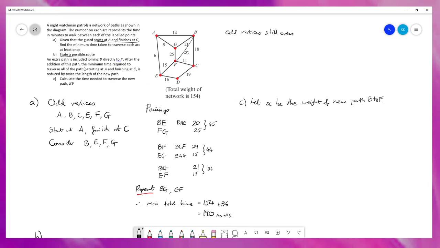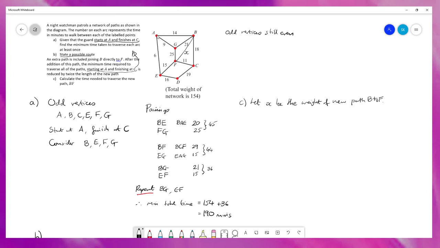So after the addition of this path, the minimum time required to traverse all of the paths, starting at A and finishing at C, is reduced by twice the length of the new path. Again, this is important, not really in the grand scheme of things, but it just means we use our answer to part A, because it's the same conditions. Calculate the time needed to traverse the new path BF. So the key thing here is now we can see that B and F are even vertices.